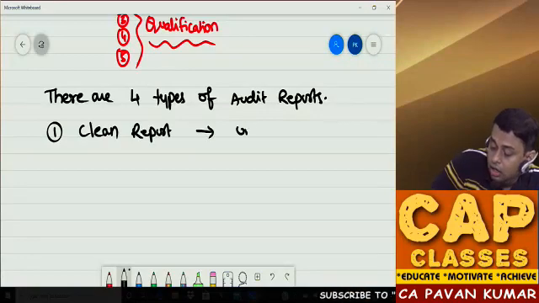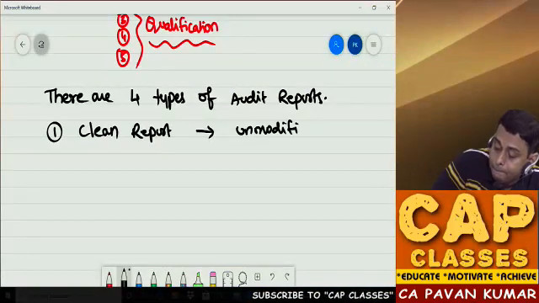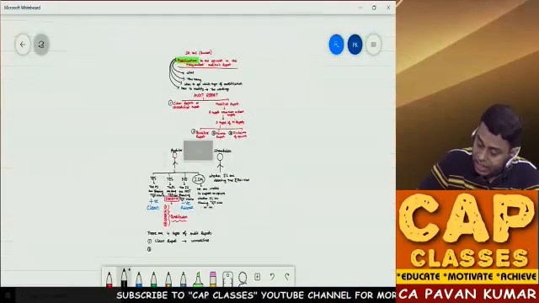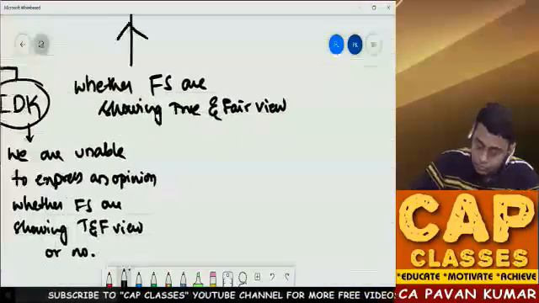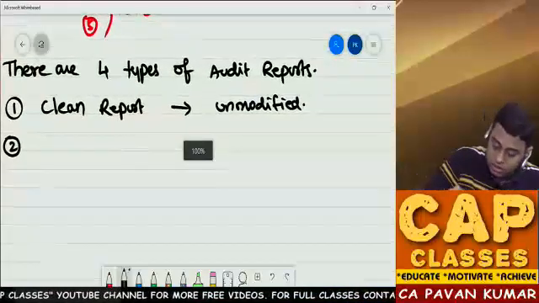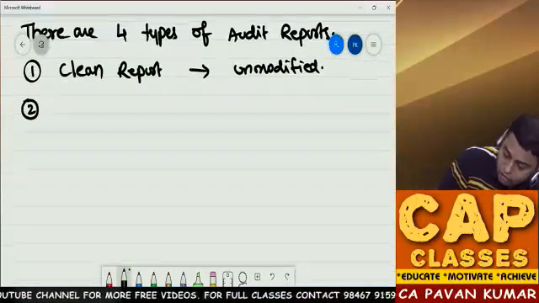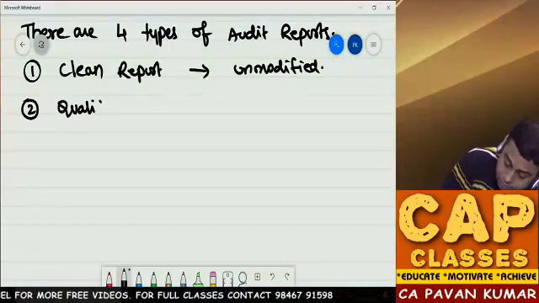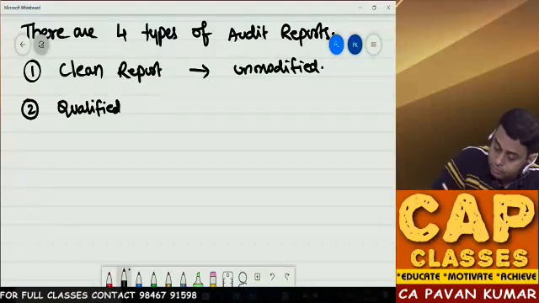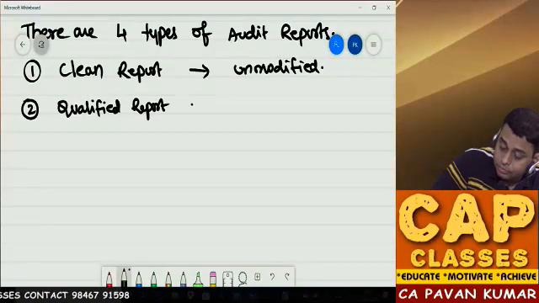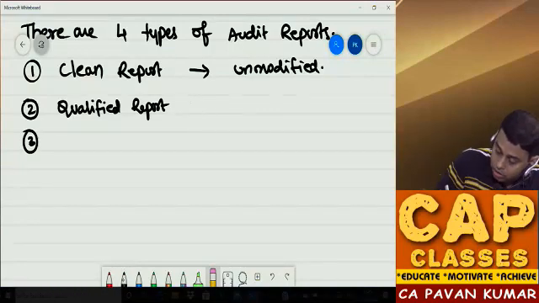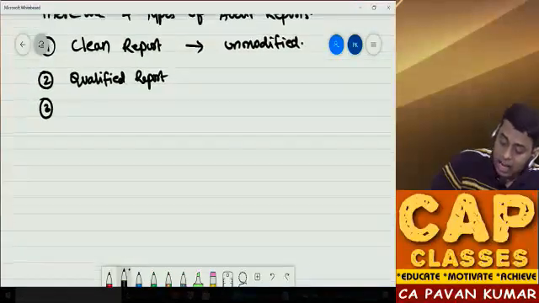Second one is a qualified opinion, or a qualified report. Third one is an adverse report.